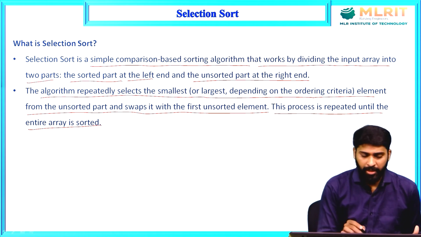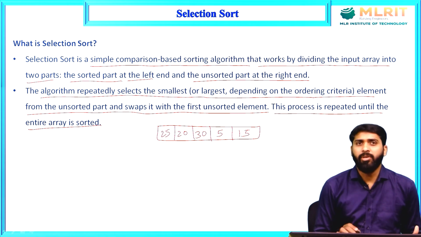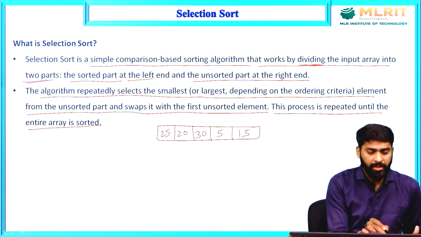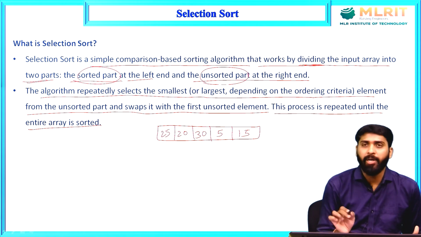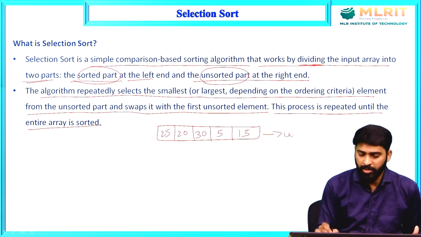Here in selection sort, we take one array. Let us assume these are the numbers 25, 20, 30, 5, 15. Now in selection sort, the array is divided into two parts: a sorted part and an unsorted part. In the first iteration, the whole array is unsorted.